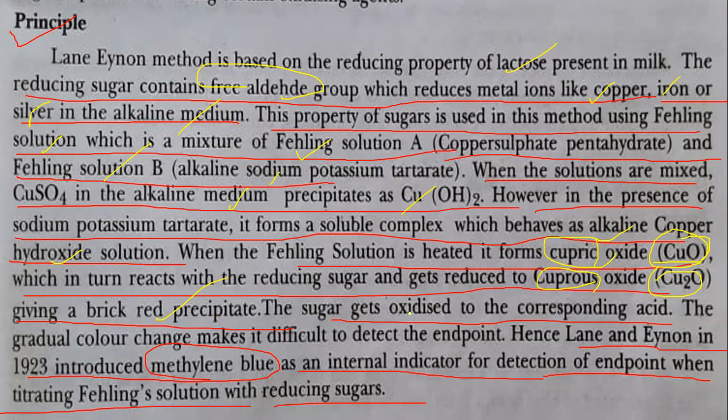Gradual color changes make it difficult to detect the end point. Hence, Lane and Eynon in 1923 introduced methylene blue as an indicator for detection of the end point when titrating Fehling's solution with the reducing sugar.